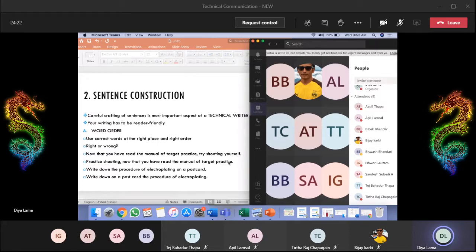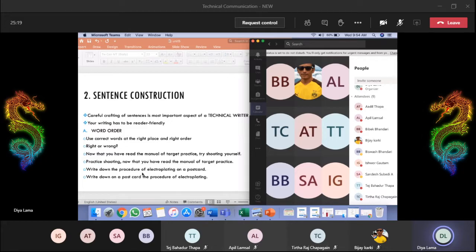From that you can understand: procedure of electroplating on a postcard. So write down the procedure of electroplating on a postcard. It looks like the electroplating is being done on a postcard. So what was he trying to say?